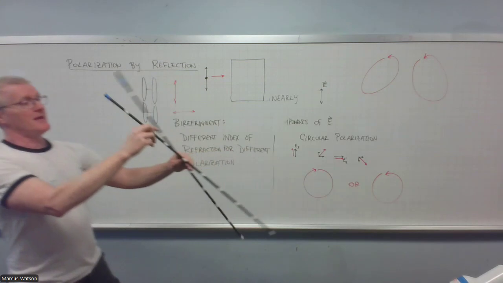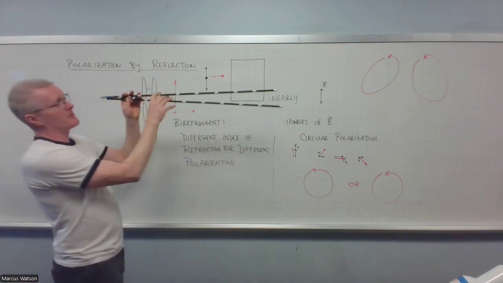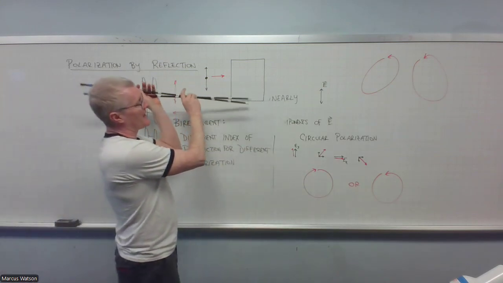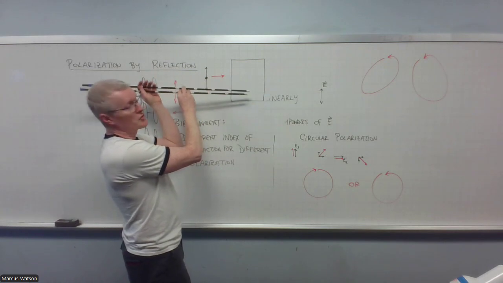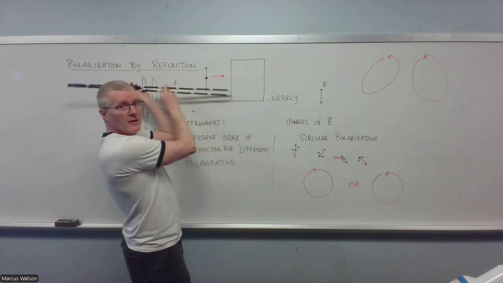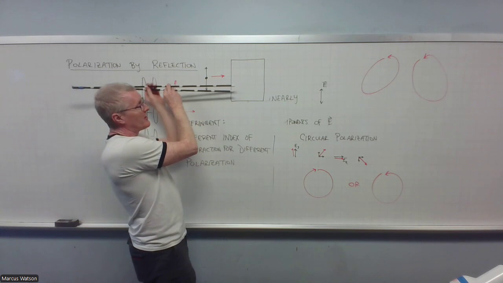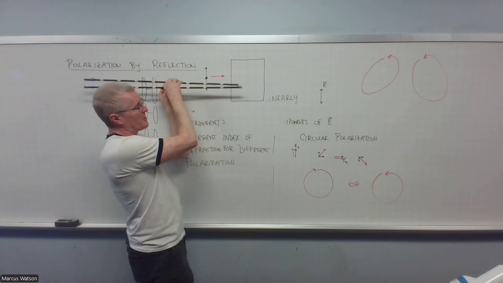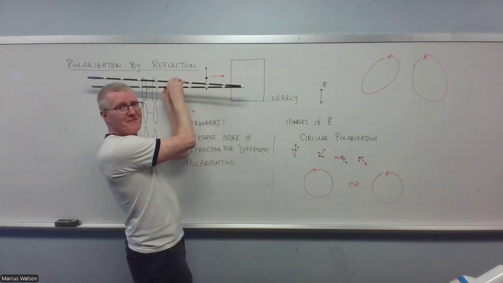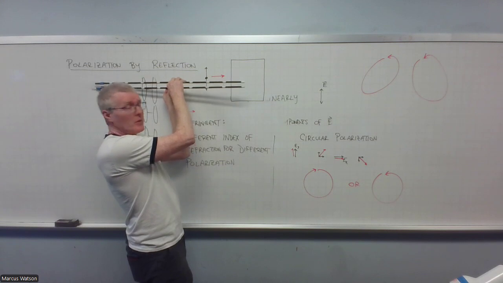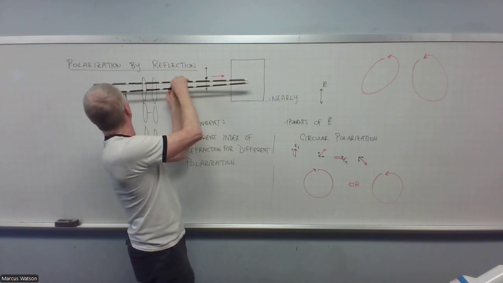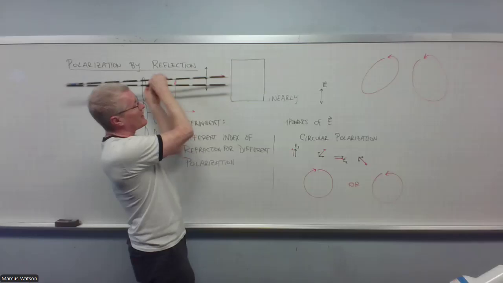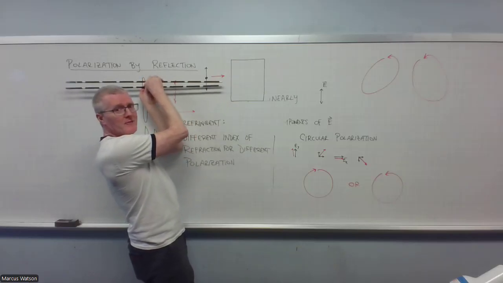So if they're coming in and one of them has a polarization that is traveling quicker than the other, they come in in phase. Suppose the lower one is traveling slightly slower than the upper one. Let's see if I can get these to match up relatively well. Here they come, traveling in phase.